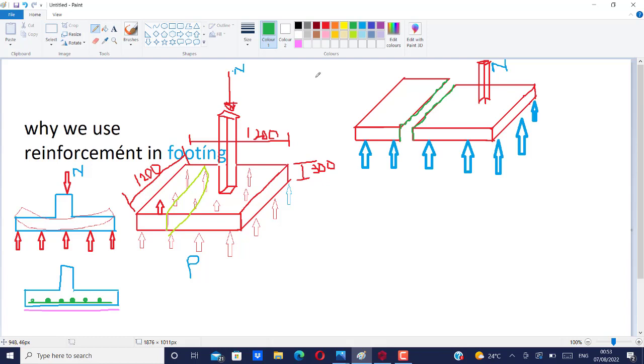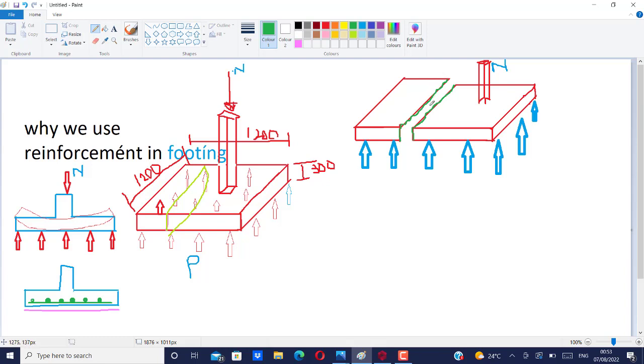So this is what we call the one-way shear or direct shear. So these things happen to this footing under the action of the load. So what is the solution here?